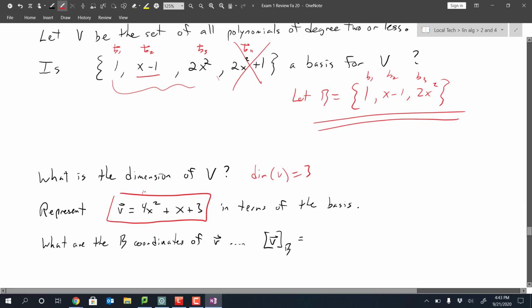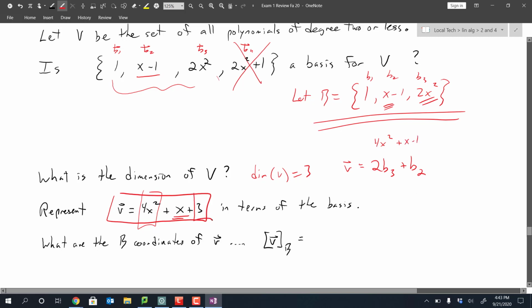So I need to get a 4x squared term, right? That means I'm going to need two of my B3 vectors. That would give me 4x squared. I'm going to need one factor of x. This is where I get my factor of x's from B2. So I'm going to need one factor of B2. Now when I do that, that means I'll have an x minus 1.